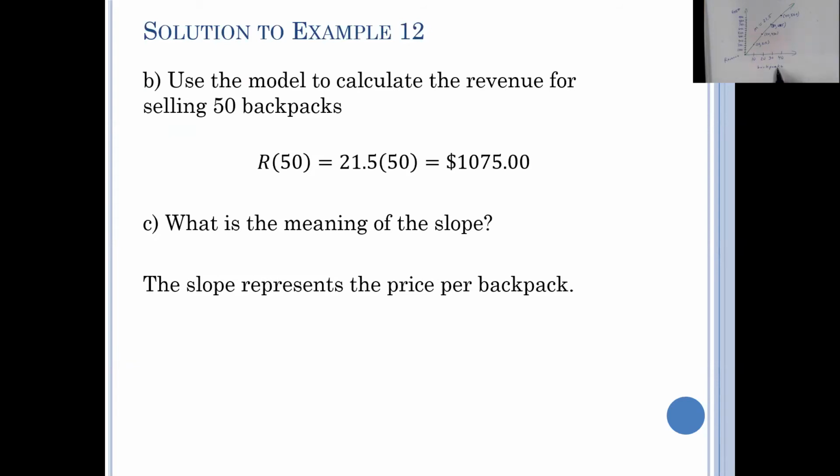So it's revenue per backpack, which is about $21 revenue per backpack. Or it can be price per backpack, either one, because it is the rate that you're charging.